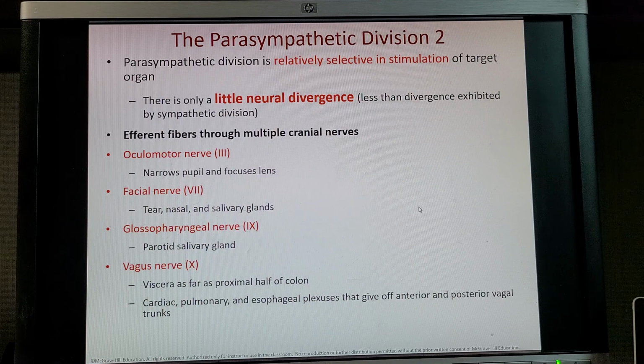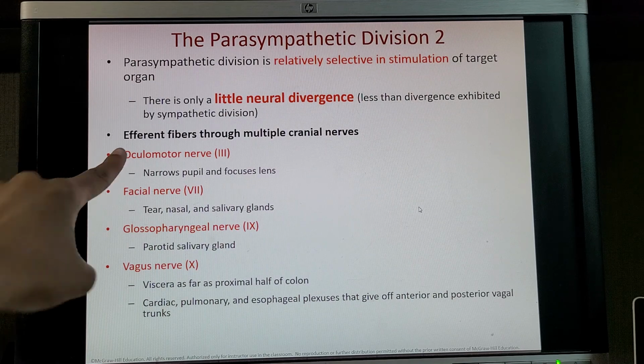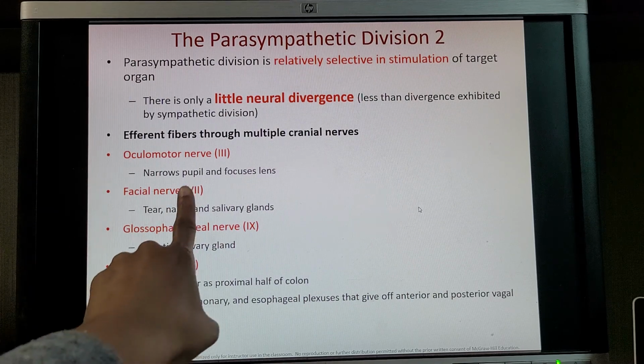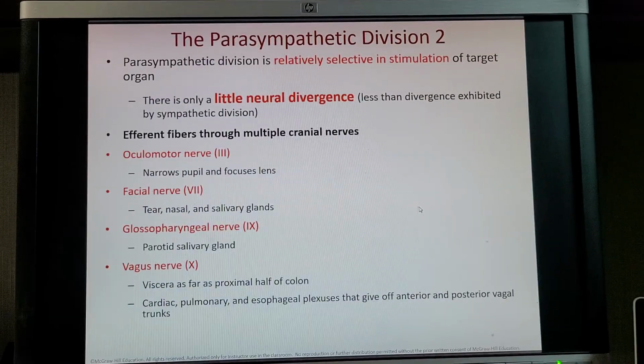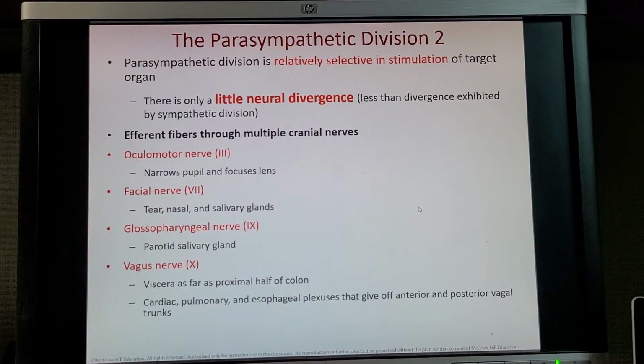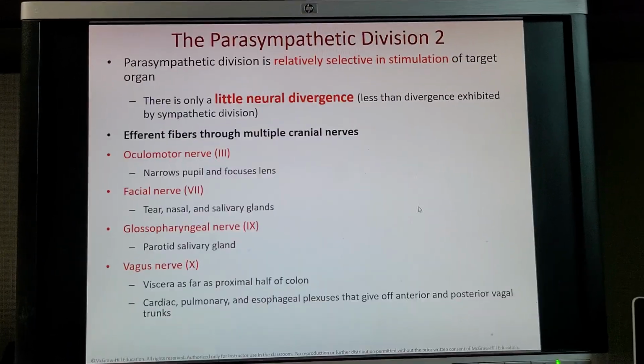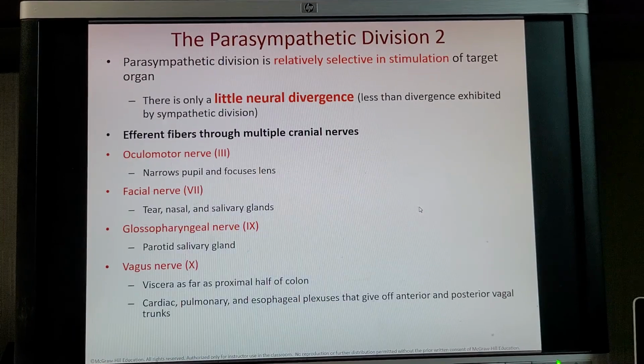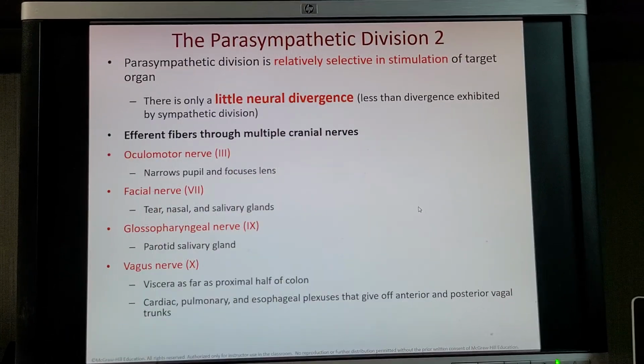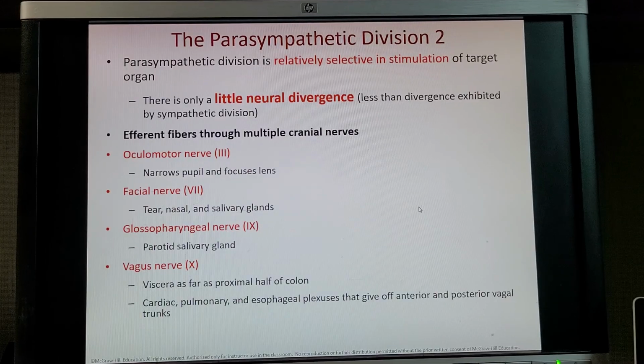Some of the main ones: we have the oculomotor nerve, focusing on the pupil, such as narrowing it, so making it smaller, less light is coming in, that's going to help you calm down. That's why, instead of using your overhead lights when you're at home at night, using a lamp by your bed or somewhere closer on the table, kind of mimicking sunset, also gives a lower level of light and that helps to calm you down.